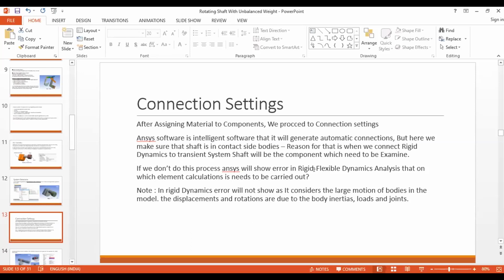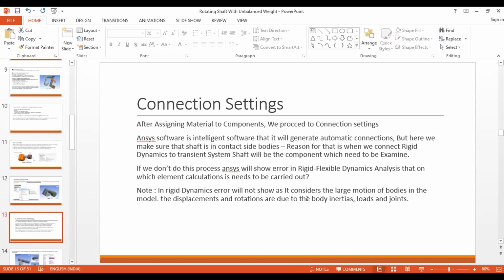This is only in rigid flexible dynamics. There is one note that in rigid dynamics, it's not going to show you any error, because rigid dynamics only focuses on your motions, that is displacement, rotation, and body inertia, loads and joints.